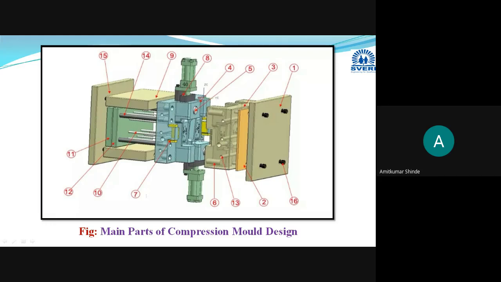Whichever heat is there in this mold cavity, it avoids the transfer of this heat towards the hydraulic arrangement, so that its components do not get damaged, and it saves the energy. This is the function of this thermal baffle or thermal insulation board, part number two.